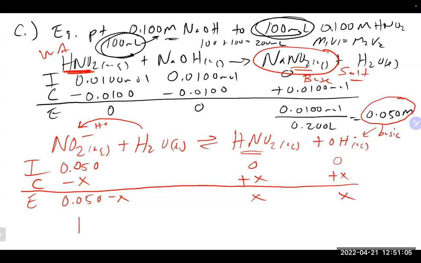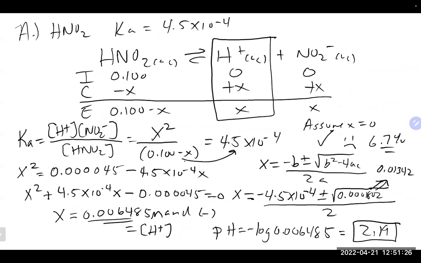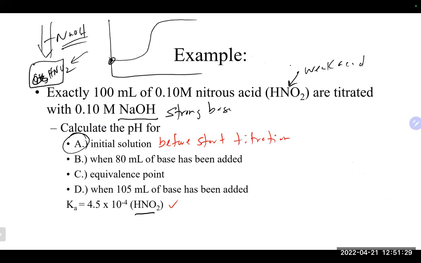This is going to go into our K, which would be our products divided by reactants. What type of K is this? This is a KB. And again, we are not given the KB value here, but we're given the KA value. So I'm just going to back up somewhere to write that. So here's our KA. So remember our KW equals our KA times our KB.